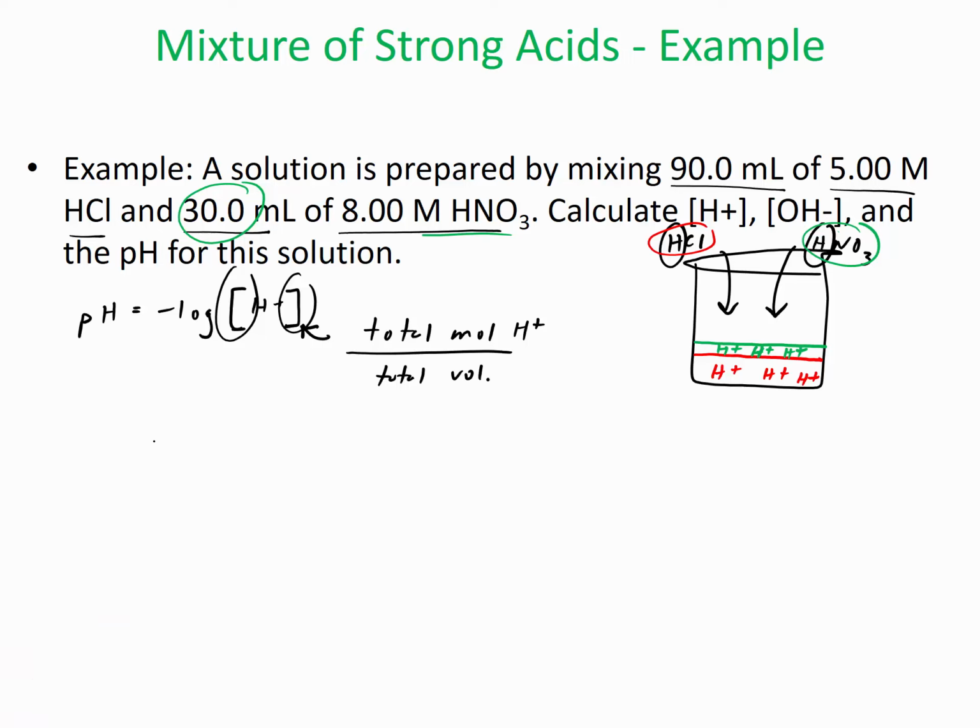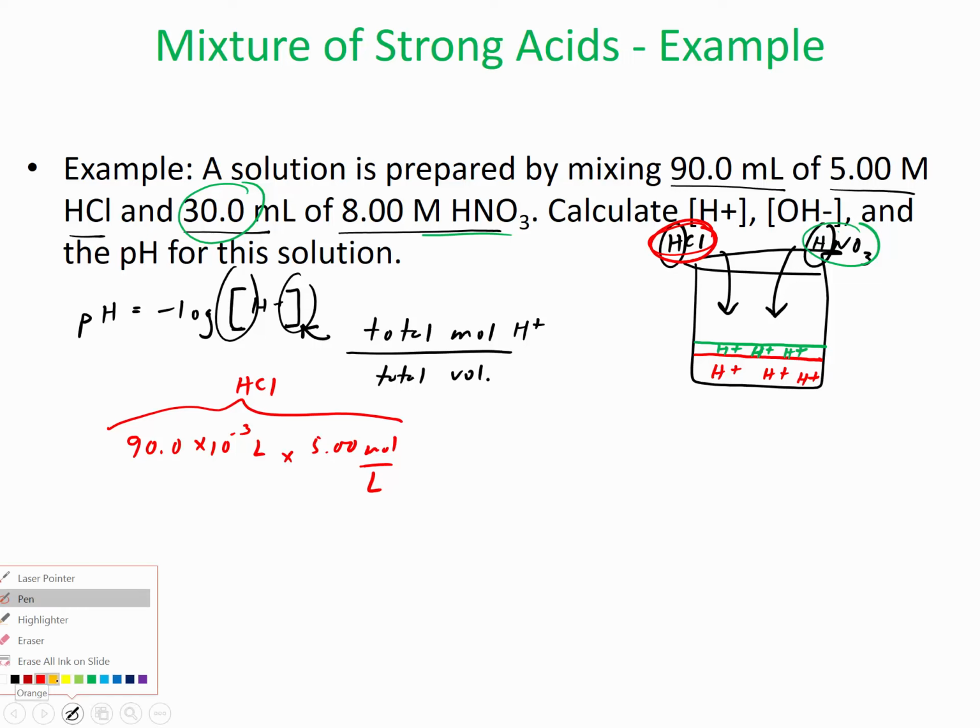So we have 90.0 times 10 to the negative third liters times 5.00 moles per liter, and this is from the HCl. We're going to add this to the amount from the HNO3.